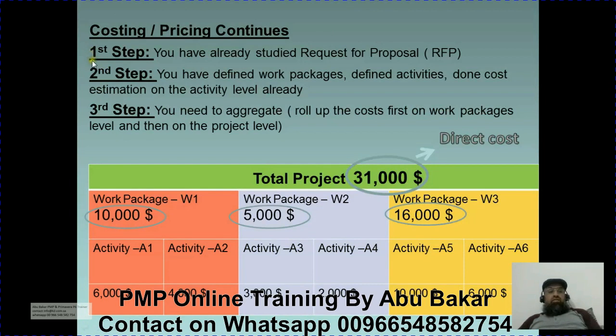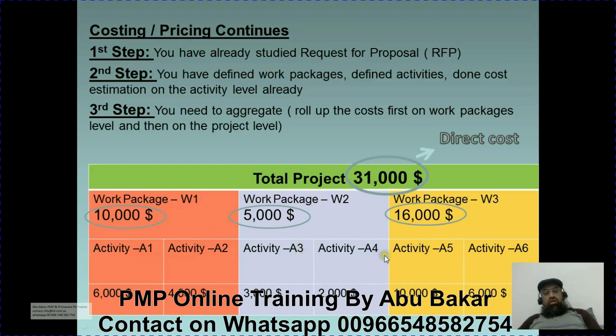So starting from the first step, you have already studied the RFP, request for proposal. Second step, you have defined the work packages, defined the activities, and done cost estimation on the activity level already. Third step is you need to aggregate or roll up the cost first on work package level and then on the project level. So A1, A2, 6,000, 4,000, that means work package 1, W1 will cost you $10,000.